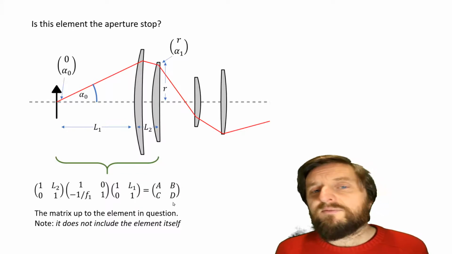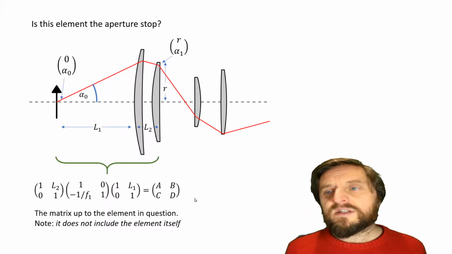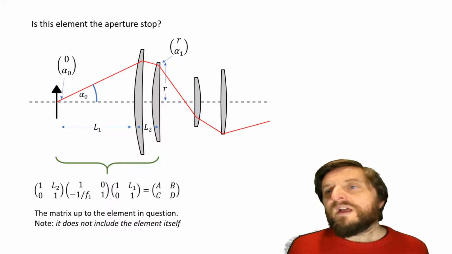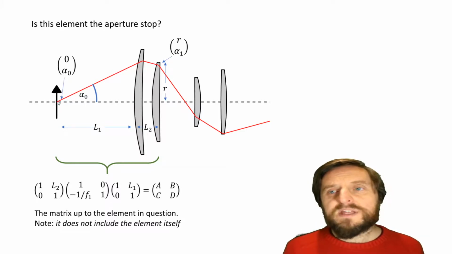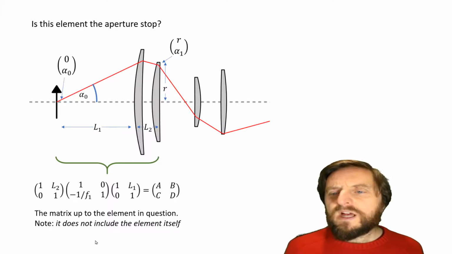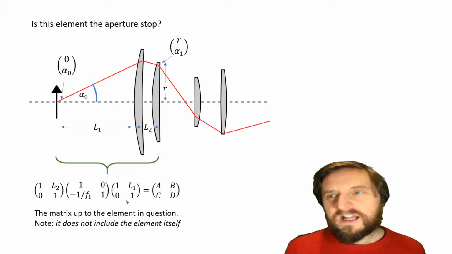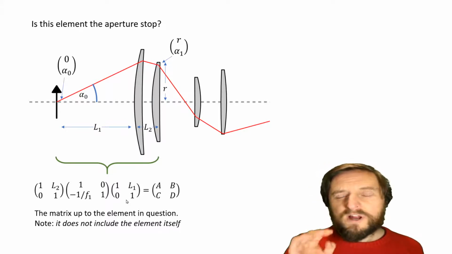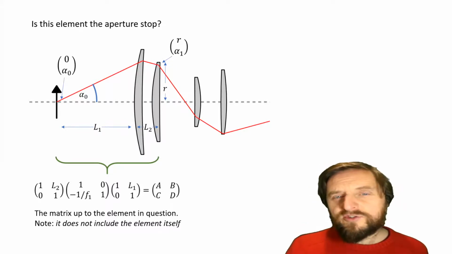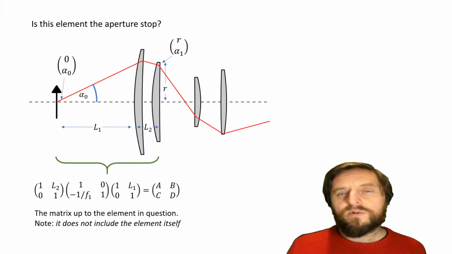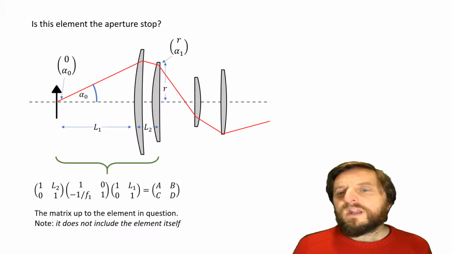And that is going to give me an ABCD matrix, a 4-element matrix, that describes how rays of light go from this point to this point. Notice that I have not included the focal length of the second lens because I want to know when the ray just reaches the edge of it. I'm not interested in it going through the lens. I want it to just hit the edge of it.